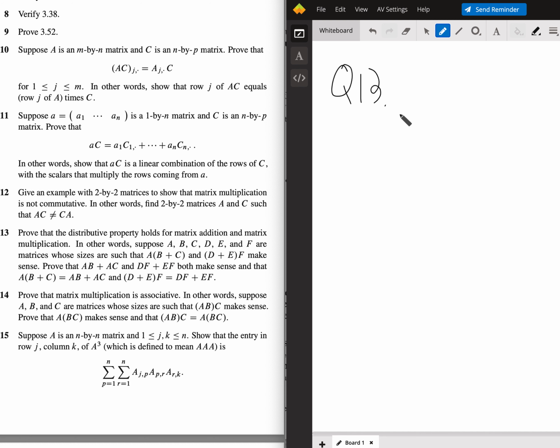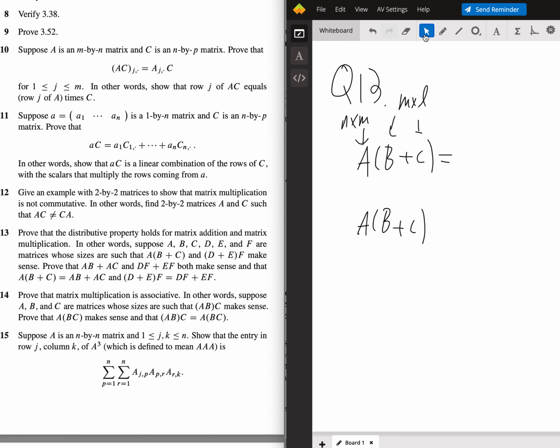Question 13, that is. I think then you want to extract arbitrary entries within this. Let's say B and C have the same dimension, which is m times L, I don't know, and A has dimension n times n, and this is highly arbitrary in general, so this is fine.